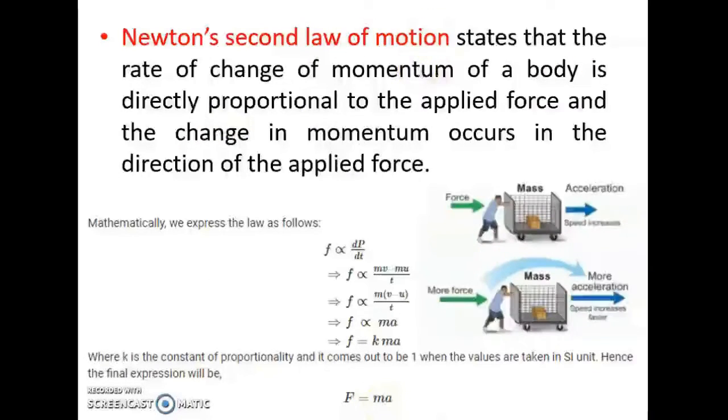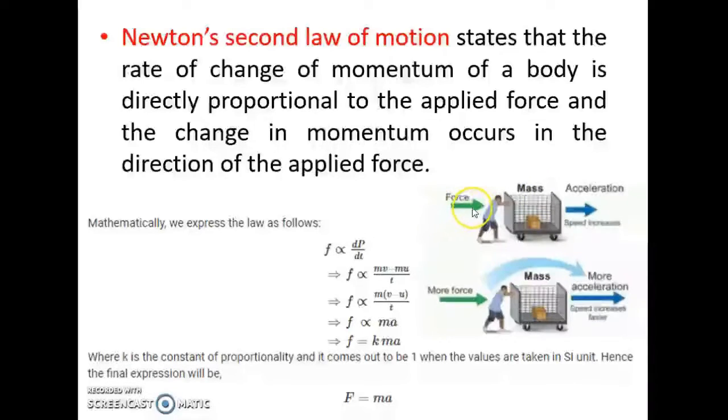So second law of motion gives us the expression for force, and from the expression we know that force is directly proportional to acceleration. So if I want to increase acceleration of any body, I have to increase the applied force. That we can see in this particular figure. You can see a person trying to move a mass.